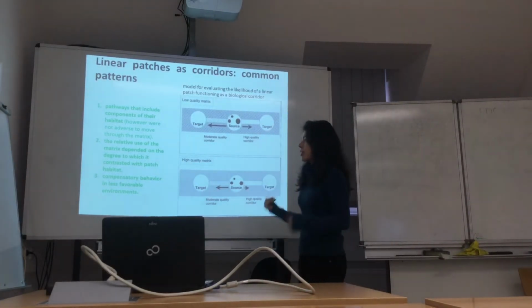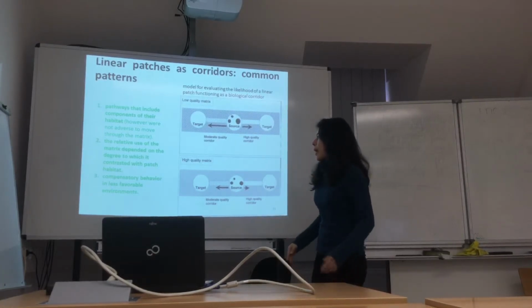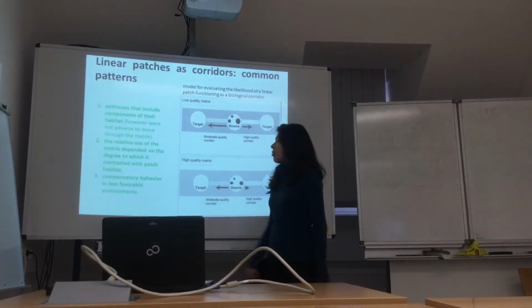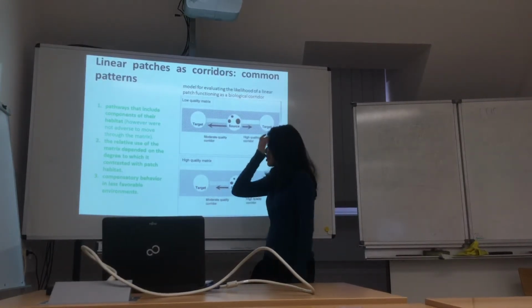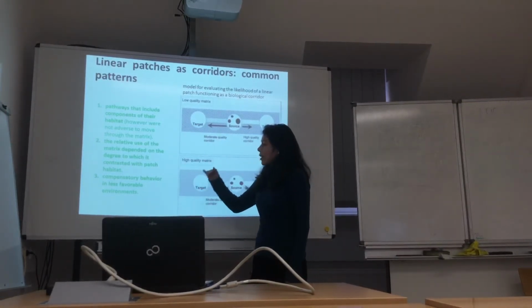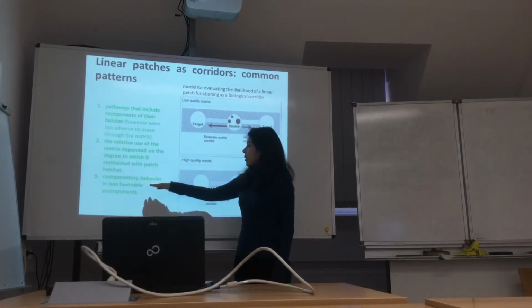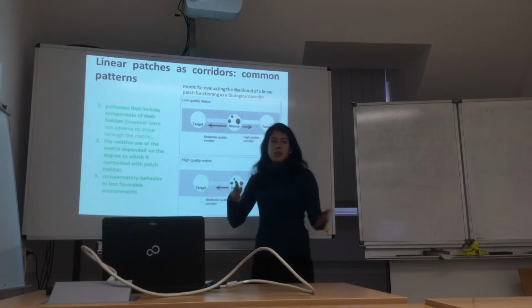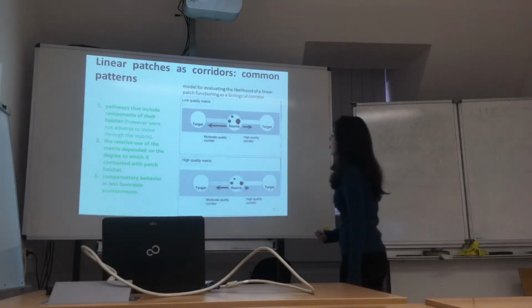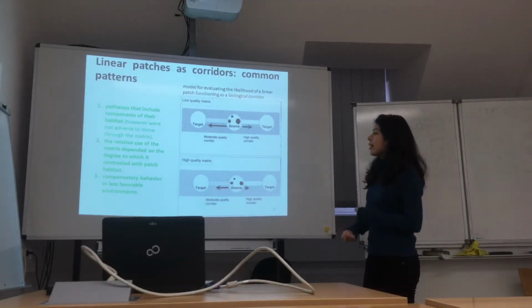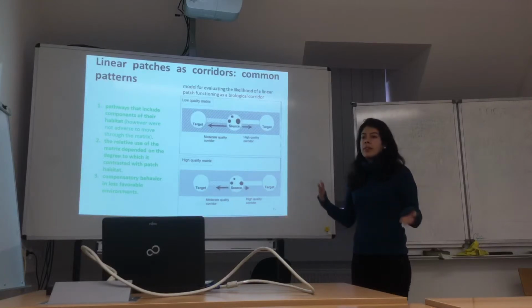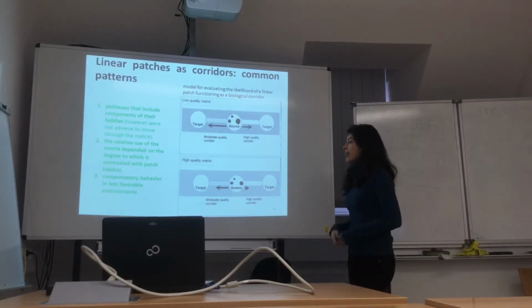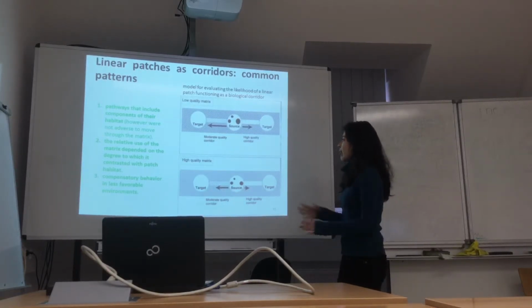So if the matrix is similar to the patches or the habitat, they will go more often through the matrix and not necessarily use the corridors. And then there is compensatory behavior in less favorable environments, like speed, as I mentioned before, for example going faster or making different adaptations when they have to go through a non-corridor pathway.